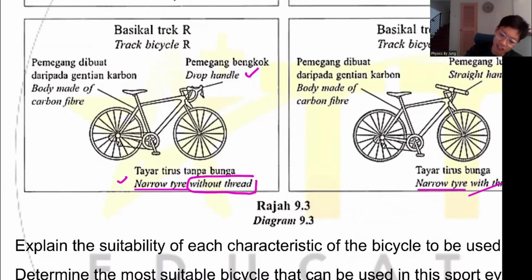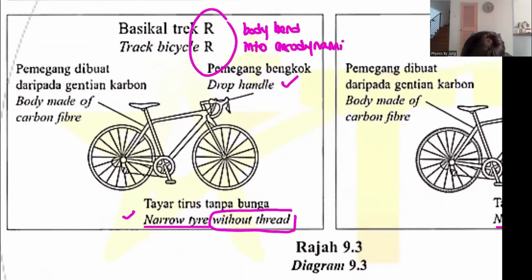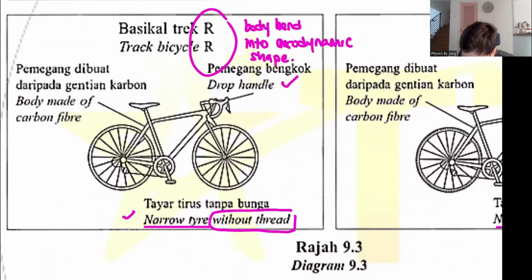So the answer is actually track bicycle R. You can be more aerodynamic, reduce air resistance. So this allows the body to bend into a more aerodynamic shape. So therefore, you can reduce air resistance.